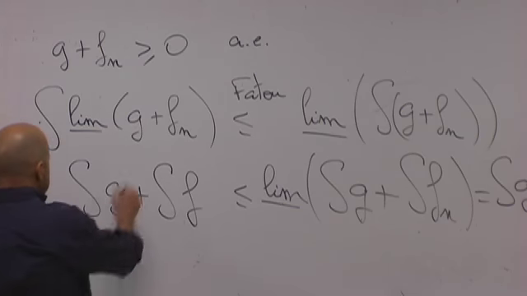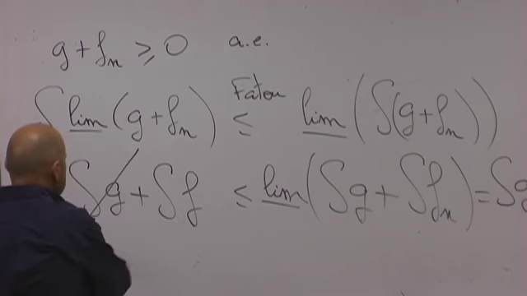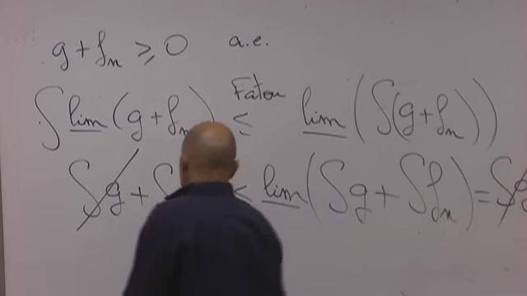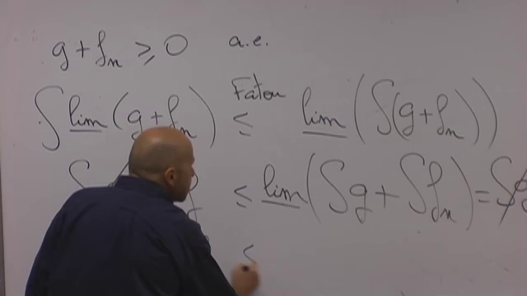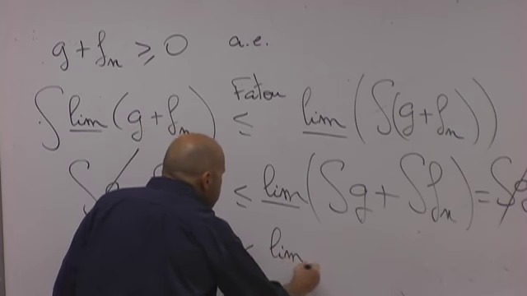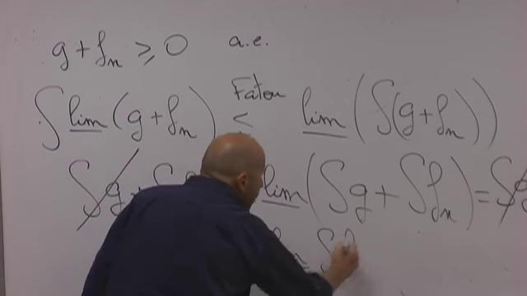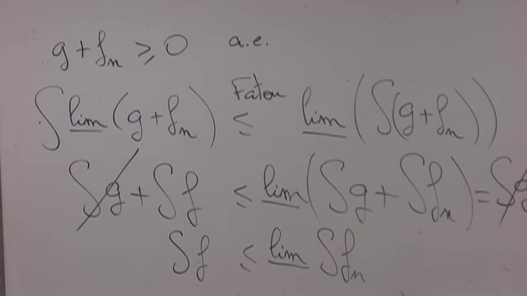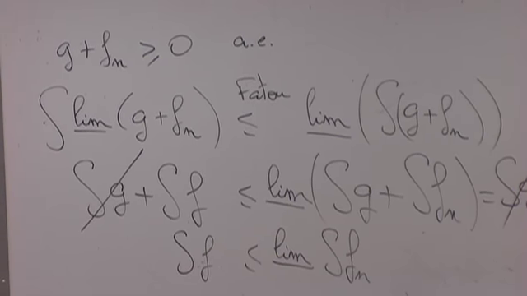So we can get rid of the g's, and we get one inequality: the integral of f is less than the lim inf of the integral of Fn. That's already something, a FAT2 type result, but that's not what we want. We want more than that.